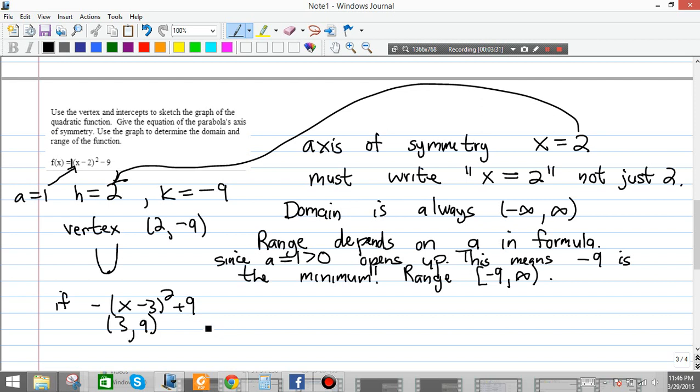But the most important thing would be that the range, because this is negative, is going to look like this. Therefore, 9 would be the maximum. And then the range would be -infinity up until 9. So that's the difference between the two. Right? So the question about the range is going to be about how it opens up, and it's about the number in front, whether it's positive or negative.